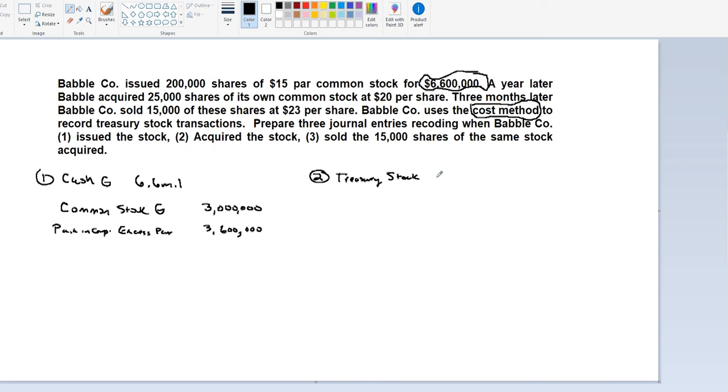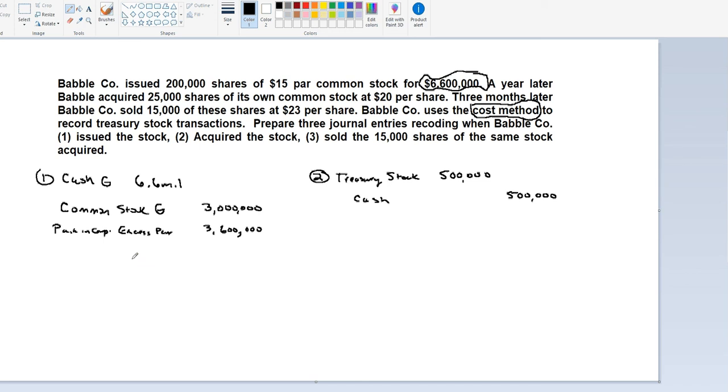A year later, Babel acquired 25,000 shares, and we bought it for $20 per share. So that's going to give me $500,000 that I bought it for. So I'm going to debit my treasury stock for $500,000. And what did I use to buy the treasury stock? I bought it with cash. So I'm going to credit my cash of $500,000.